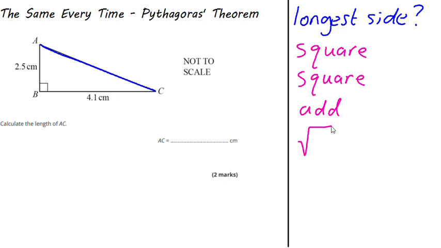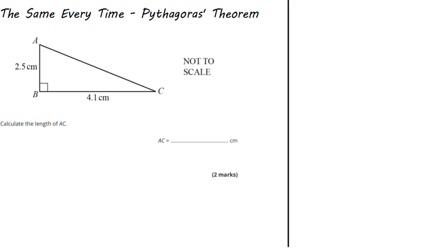If you're finding the longest side, square, add, square root. Now, the only other possibility in a Pythagoras Theorem question is that they are asking you to find one of the shorter sides. Now, the shorter sides are basically just the other two sides, either that side or that side. They would be the shorter sides.